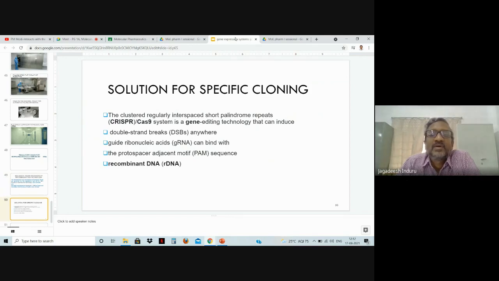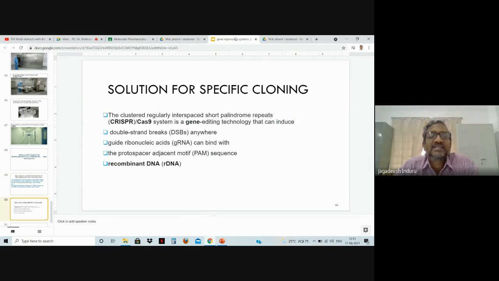So most of the time you will have the question of how to get this particular specific cloning. Nowadays we have CRISPR, where we have CRISPR-Cas9 systems. They allow editing without any problem and simulating our human insulin or humanized products, which we are going to use.